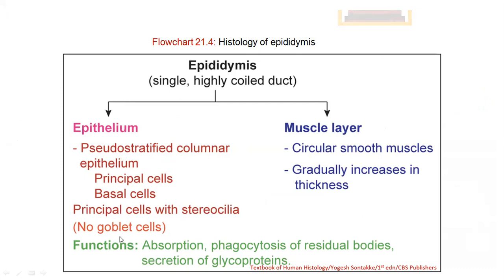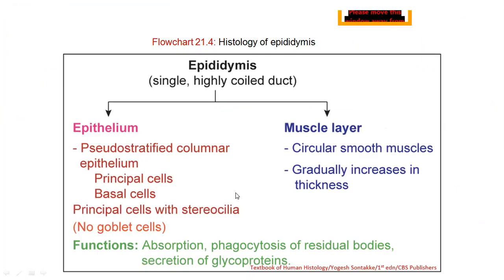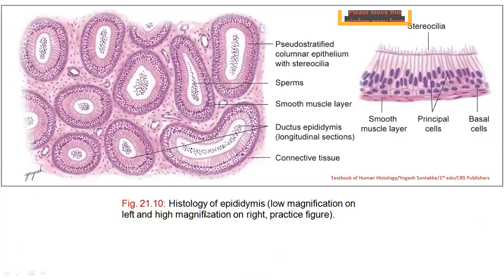Functions of these cells are absorption, phagocytosis of residual bodies and secretion of glycoproteins. I also said we have a smooth muscle layer surrounding each ductule of epididymis. Here you will see this is made up of circular smooth muscles that gradually increase in thickness.